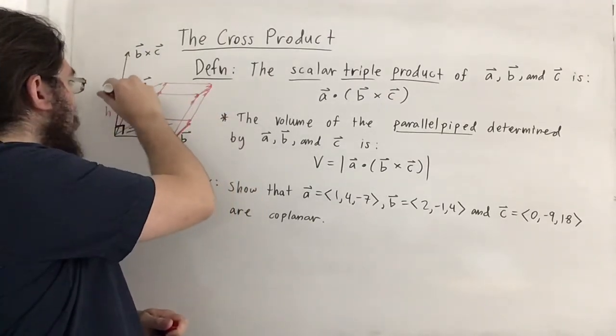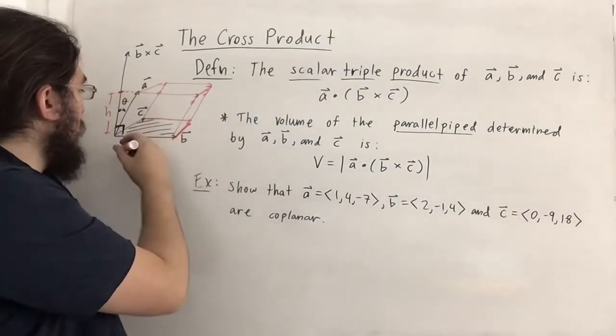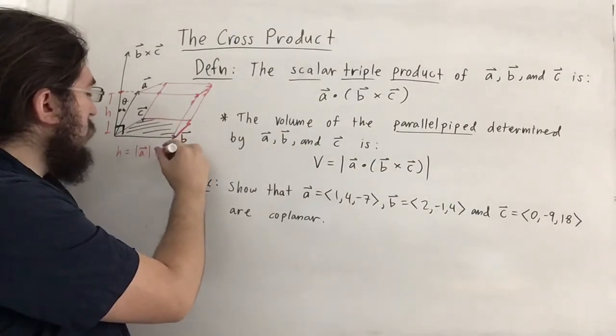We can call it h. Using trigonometry, it ends up being the case that h is equal to the magnitude of A multiplied by cosine of the angle.